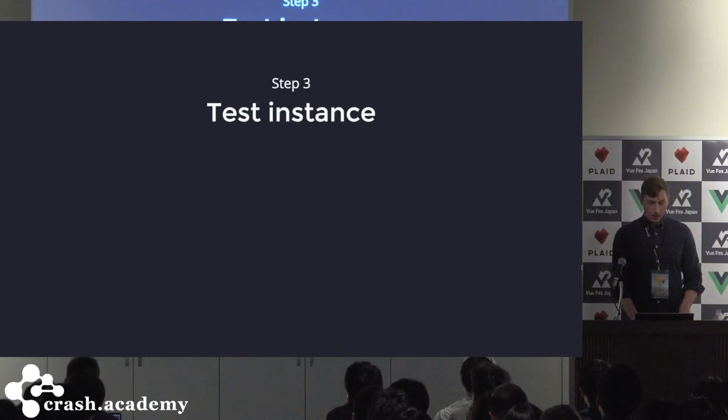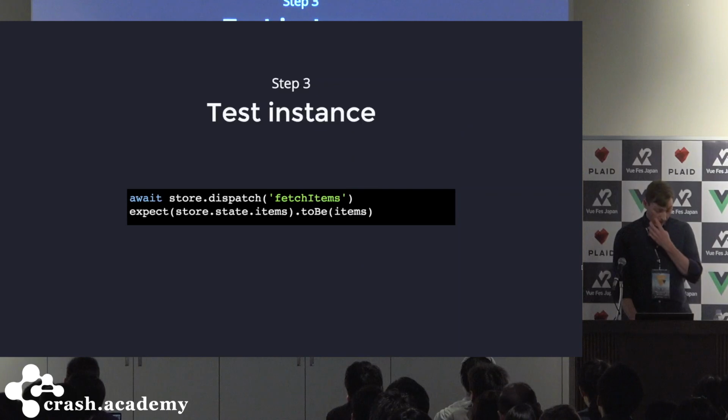So once that's all done, you can test the instance. And that's pretty simple. Like I said, you just interact with the store as you would in your application, and then assert that the store has updated the state or the getters in the way that you expect.